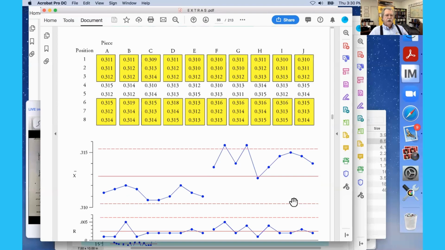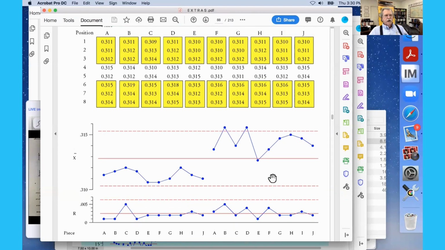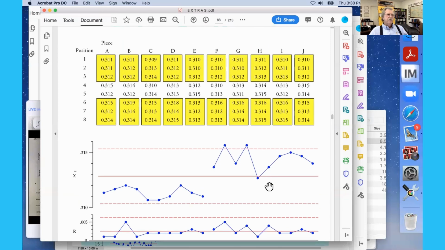Now, for this example, I organized them by hinge end and clamp end. Didn't put them in a strict time order. So it's A, B, C, D, E, F, G, H, I, J for the hinge end, then the same for the clamp end. And you've got 10 below and 9 out of 10 above. Yeah, they're different. No question about it. You see, you've got to organize the data to allow the questions of interest to get addressed.